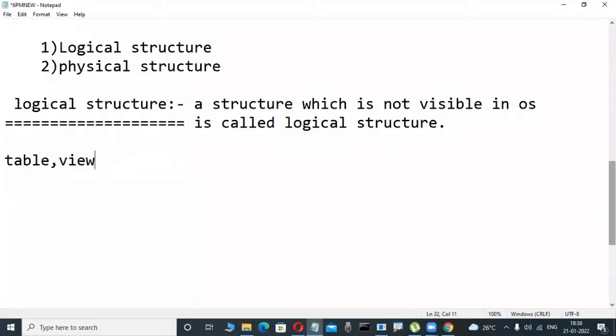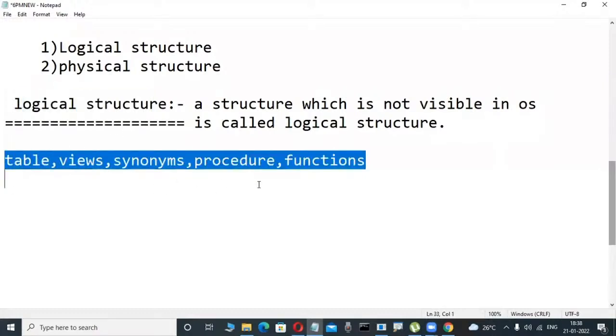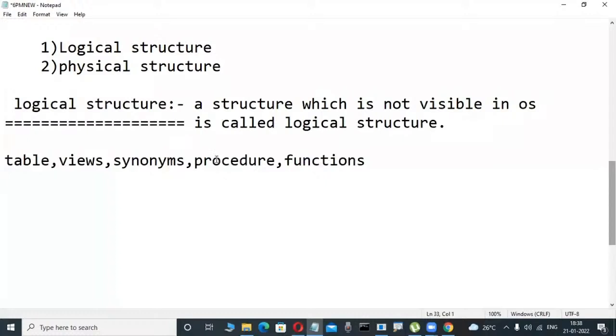Views are there. Yes, synonyms are there. Indexes are there. These are all the database objects. So many things are there. Procedures are there. Functions are there. Triggers are there. Packages are there. So many things only. These are all logical structure. That is not visible in the operating system. Whatever objects we are learning in the course, they are not present in the operating system.